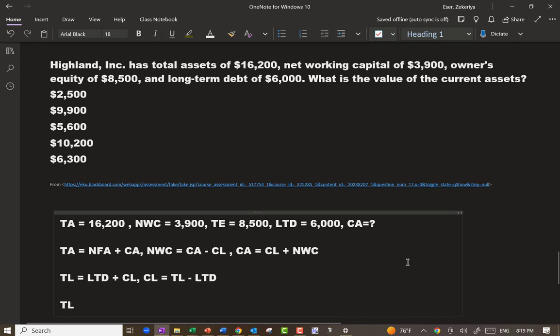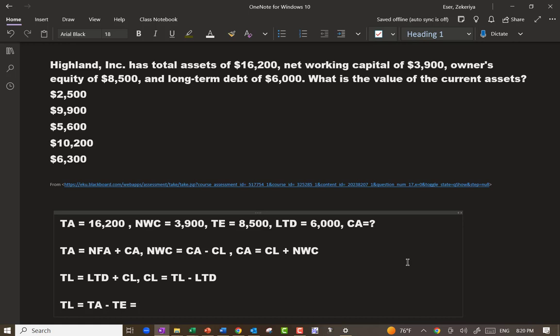How do you think I can get total liabilities in this problem? Use one of the basic accounting identities. In fact, the balance sheet identity. Total assets minus total equity. Because total assets have to be equal to equity plus liabilities, right? So all I have to do is solve it back up.